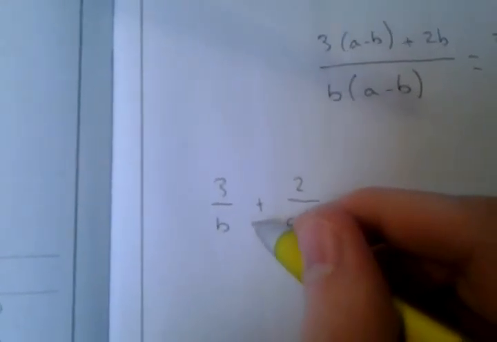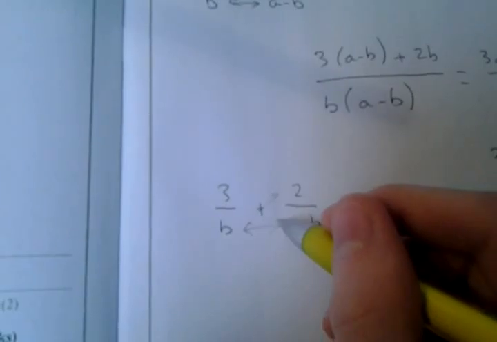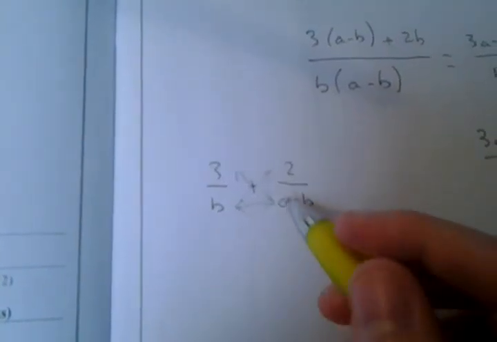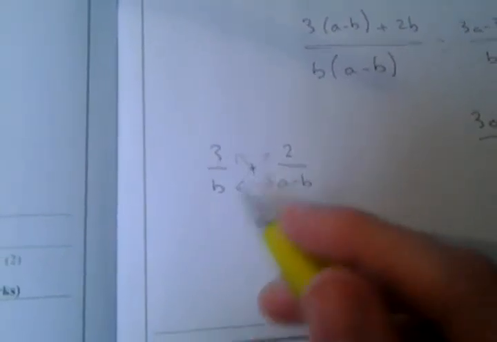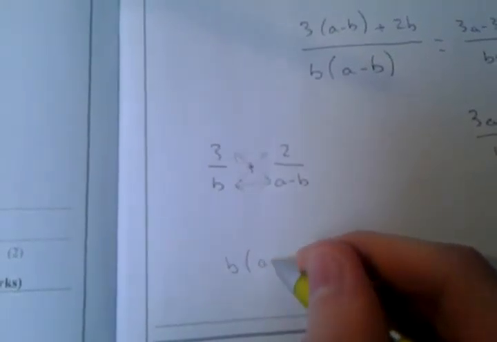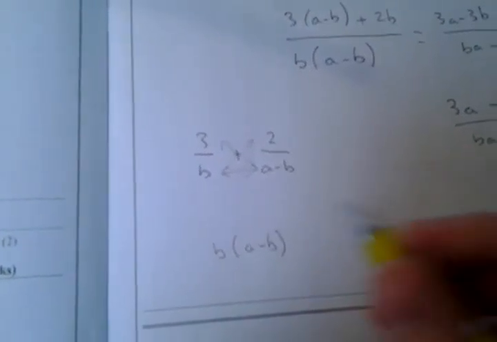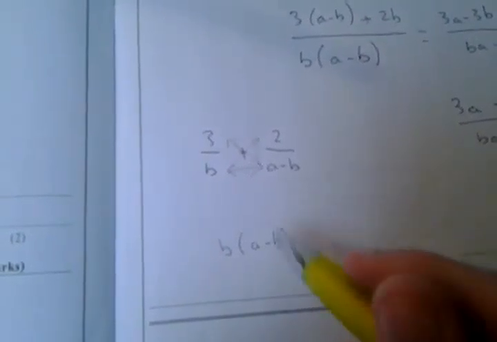We're going to use exactly the same technique on these. So, the bottom of the fraction is going to read b times a minus b. You can times this out, but you can also leave it in this form.